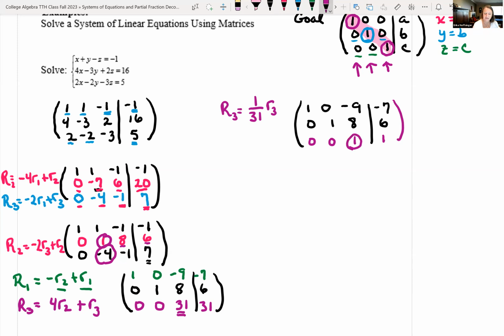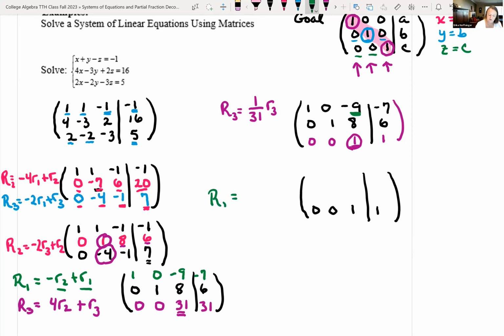We're going to use that 1 to get rid of the entries above. So now I'm going to be using this row 3, but not changing it. Let's write down row 3: 0, 0, 1, and then 1. Okay, let's get rid of this -9. So row 1, I'm changing.